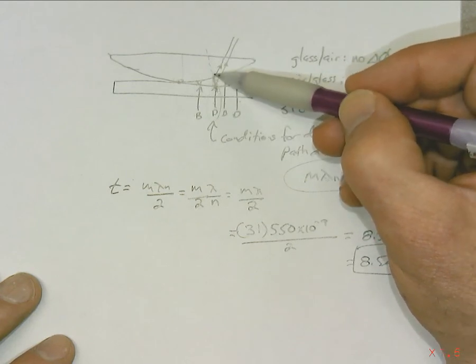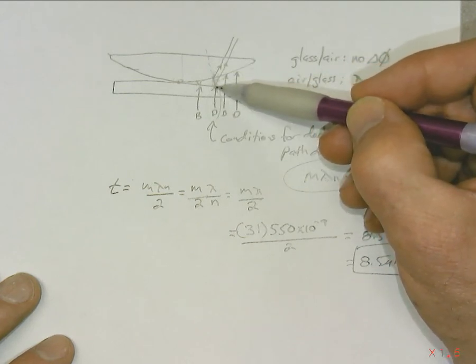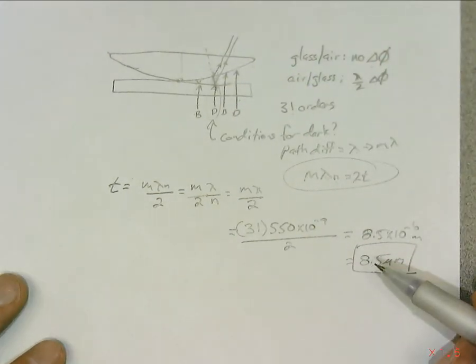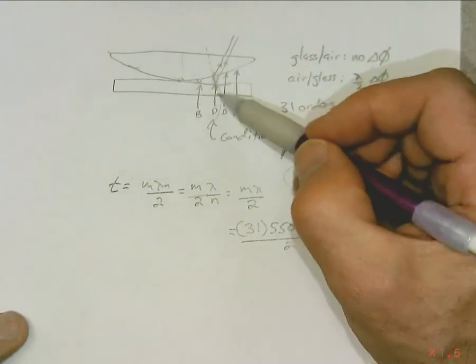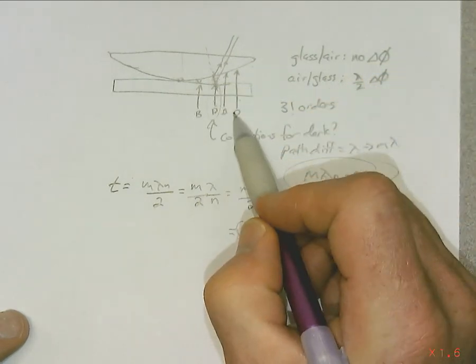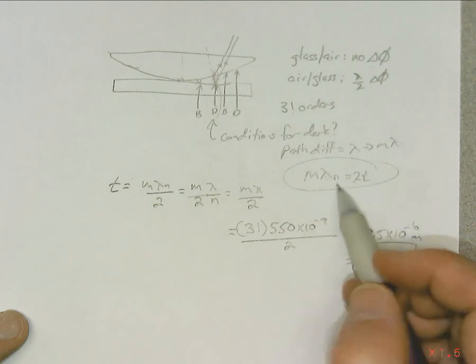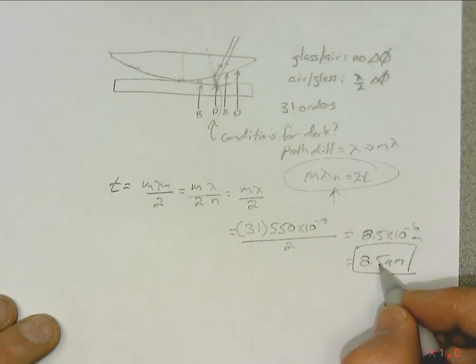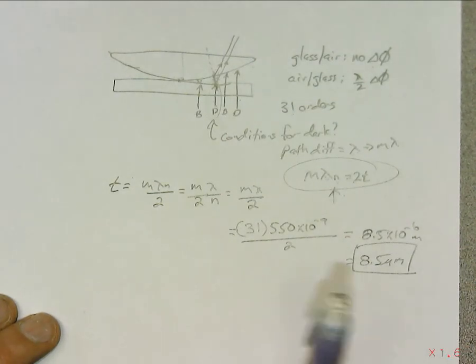No phase change, yes, a phase change. So you've already got half a wavelength from that, and that is producing destructive interference for the dark. So now we just keep adding another wavelength, which is why I came up with this formula. And that solves that problem. I hope that was not totally incomprehensible.